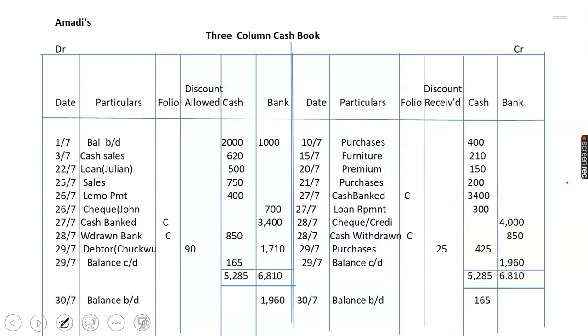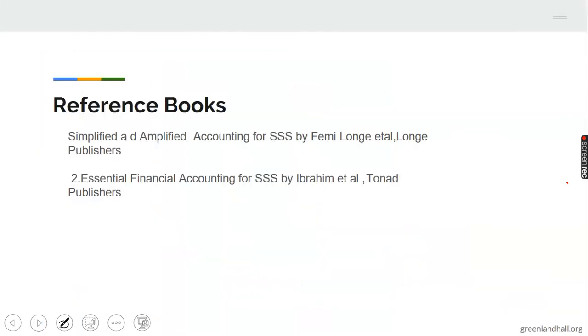So giving us 6,810 for the bank columns and 5,285 for the cash columns. So the balance brought down will appear under this place. 38.7 balance brought down for bank is 1,960 naira, and for cash 38.7 balance brought down was 165 naira. And that is the balance of the cash book.